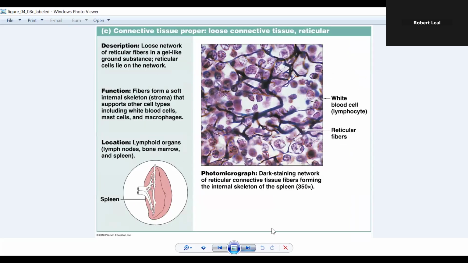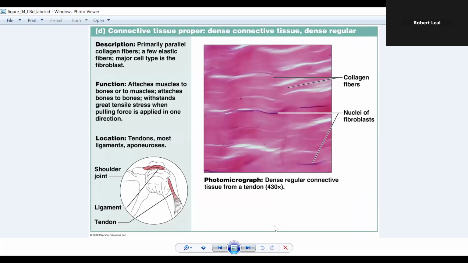All right, now we're getting out of the loose connective tissue, and now we're looking at the medium, the matrix here, where it's tightly condensed. And these fiber types are collagen fibers, and collagen fibers are the most resistant. And let me just show you, if they go in one direction, like I'm moving this arrow across, those collagen fibers are going in one direction, which means they can only resist pull in one direction.